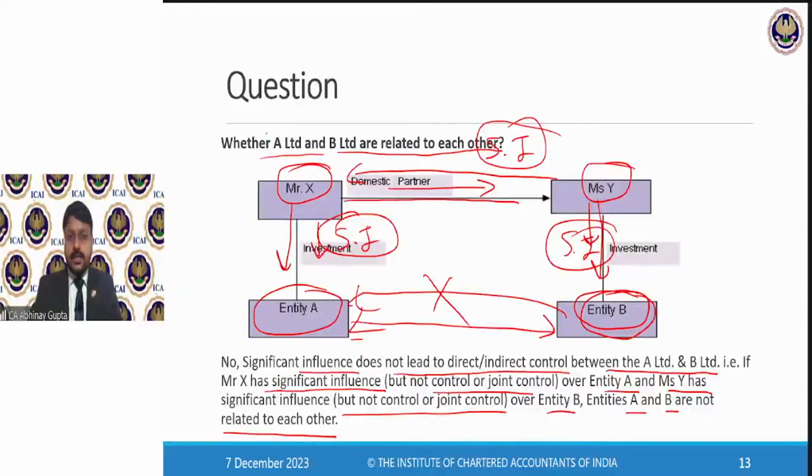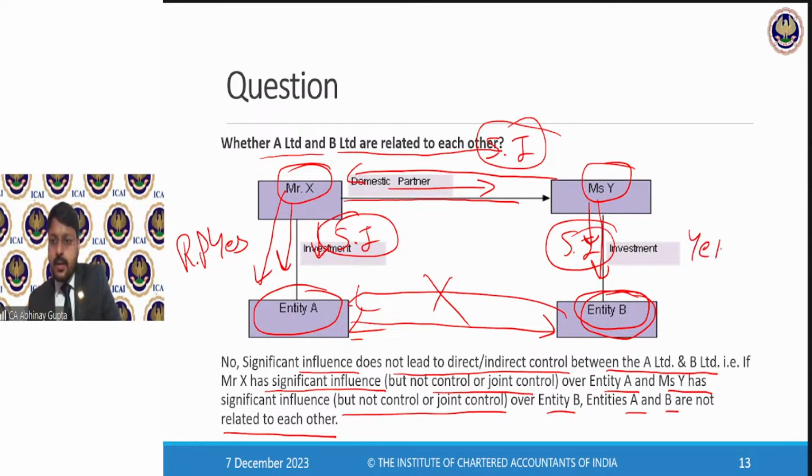Now in this example, Mr. X will be treated as a related party to entity A, yes or no? Yes, related party. Ms. Y for entity B will be treated as a related party, yes or no? Yes, because both have significant influence over these respective entities.